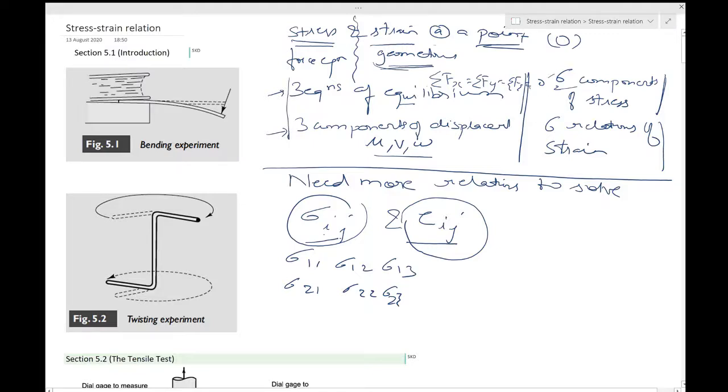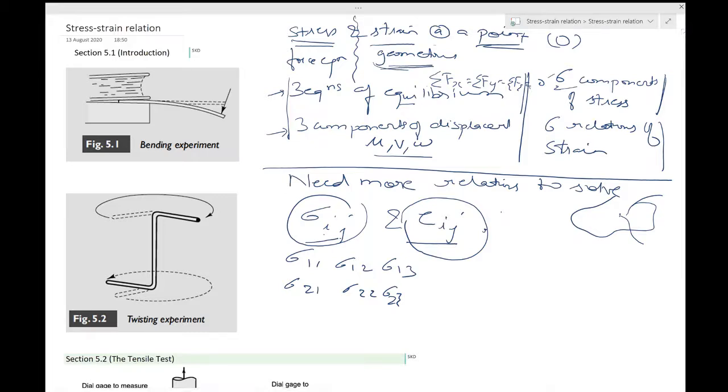You want to find the stress and strain at any point in this solid body, and you will need some more information for this.